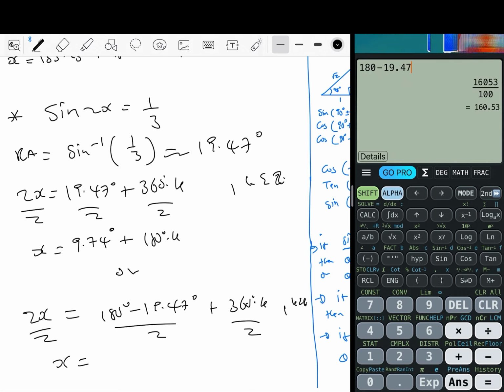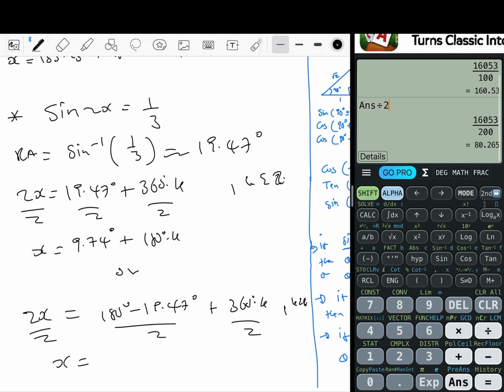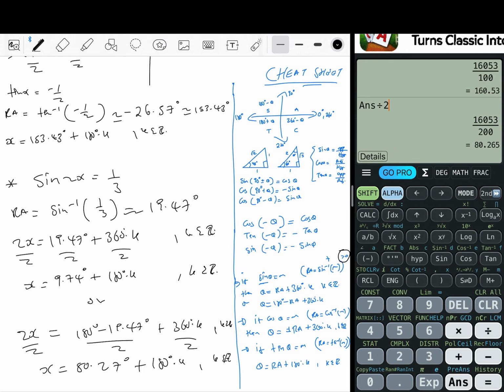That's 80.27 degrees plus 180 times k. And k is an element of the integers.